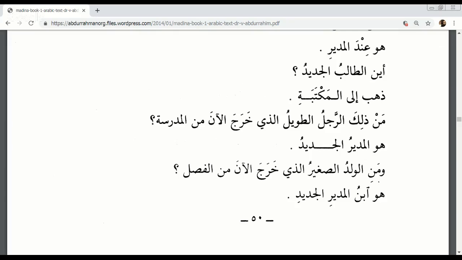So the word is man, which means who. And as we can see, when man is followed by alif lam, the noon no longer has a sukoon, but takes a kasra. So we say manil waladu. Okay, so what does this all mean, Shopna? And who is the small boy who went out now from the classroom?